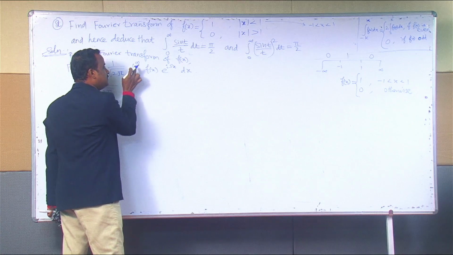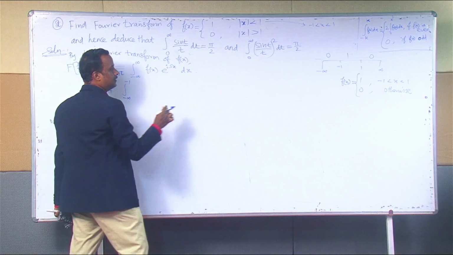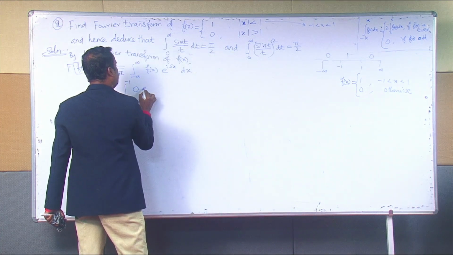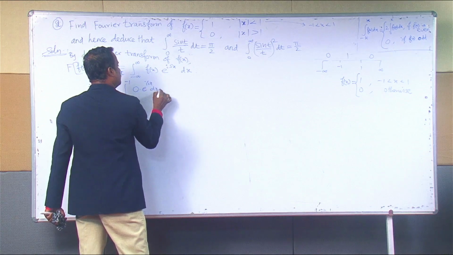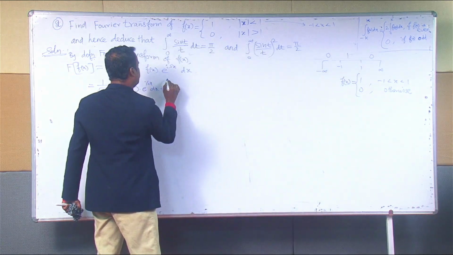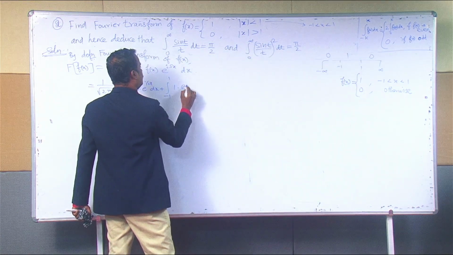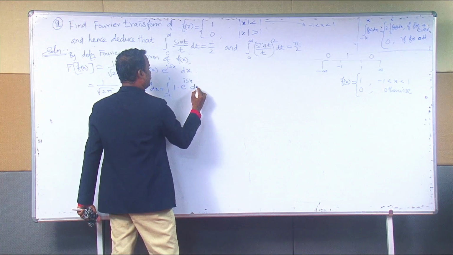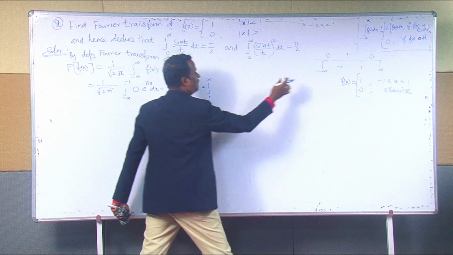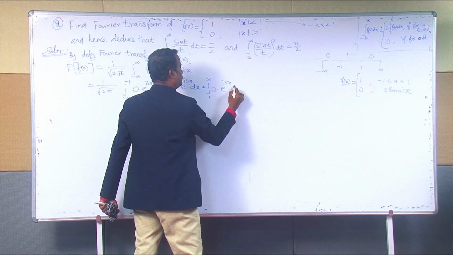Here we have to use minus infinity to plus infinity. We can split the integration as minus infinity to minus 1, where the function value is 0. So 0 into anything is 0, 0 into e power isx dx, plus the integral from minus 1 to plus 1, where f of x is 1, 1 into e power isx dx, plus the integral from 1 to infinity, where the function value is 0, 0 into e power isx dx.